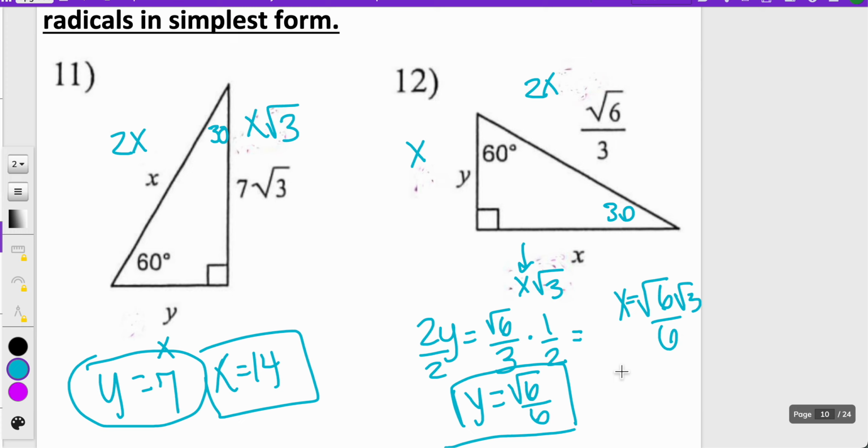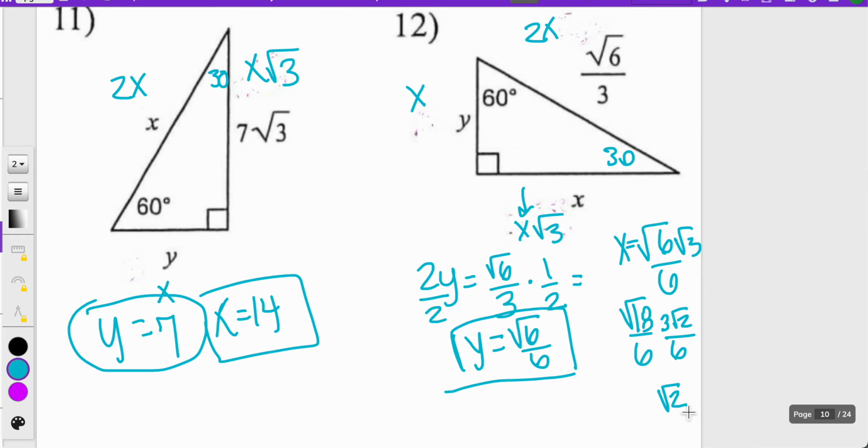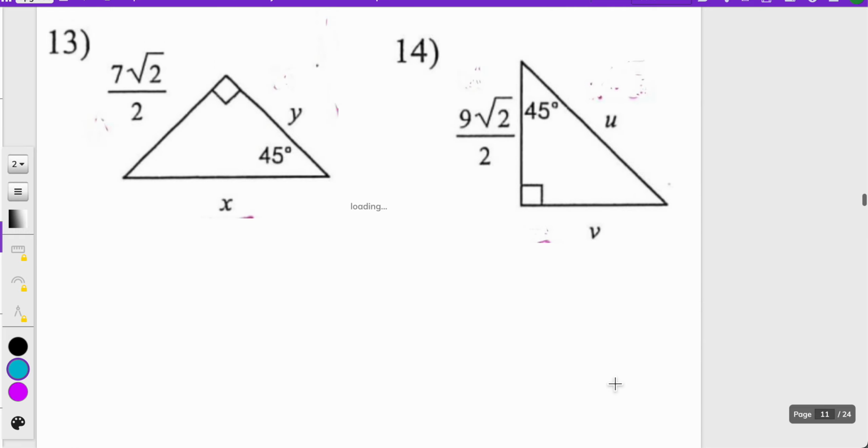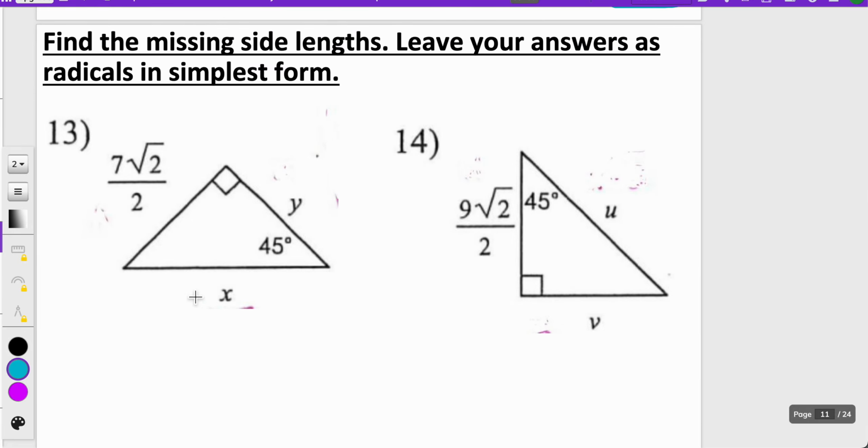So I'm going to get square root 18 over 6, which can be reduced down to 3 square root 2 over 6. And then 3 and 6 can be simplified, so I just get square root 2 over 2 for my x.